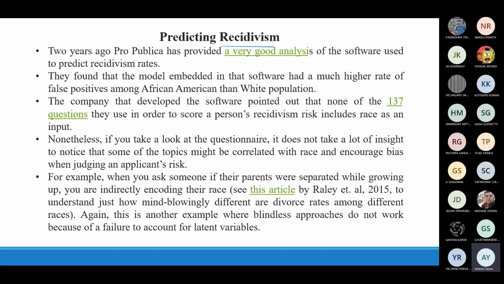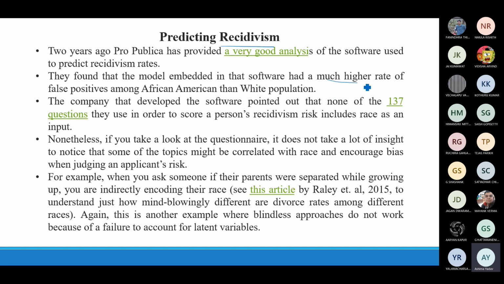So if we want to see the rate, or the probability, that a person who committed a crime will commit that offense or crime again, let's say I want to develop a model for this case.